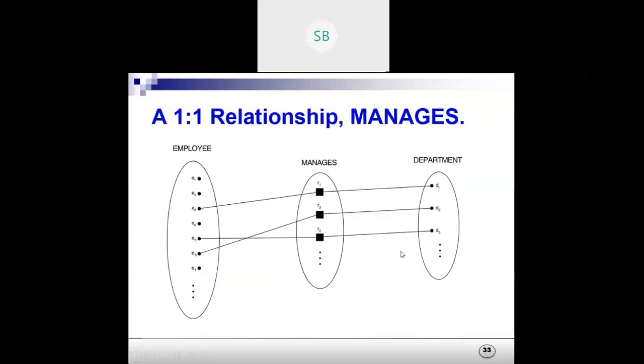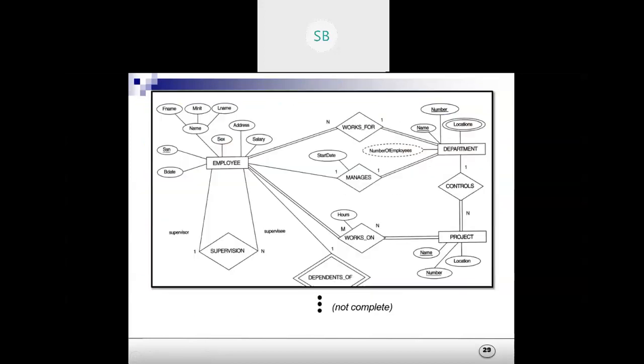That means, employee works for department. Now why is this total? Because every employee, since he or she is an employee, will work for a department, right? That is why we have total participation, because he or she is an employee, so he will work in a department.